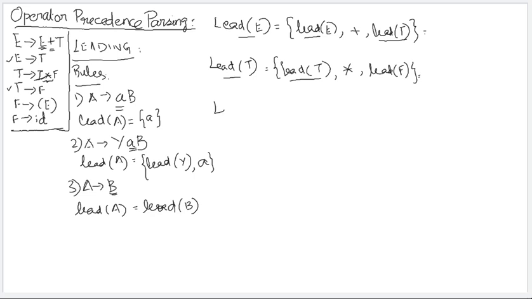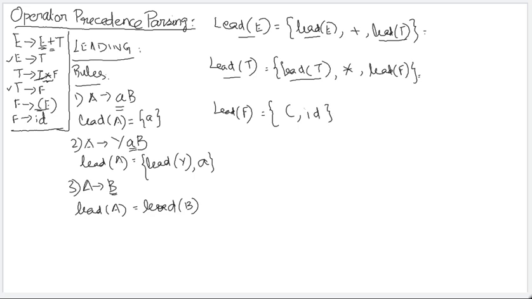So let us find lead of F. What is lead of F? If the first element is a terminal symbol, you can include it as such, comma, and then you have one more production, F tends to ID, that is also a terminal. So you have to include that.